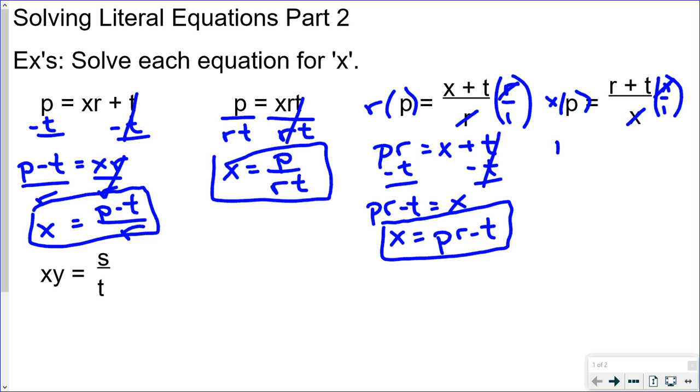So I have px equals r plus t. To get rid of the p, I do the opposite operation and divide by p. And so I end up with x equals r plus t over p.